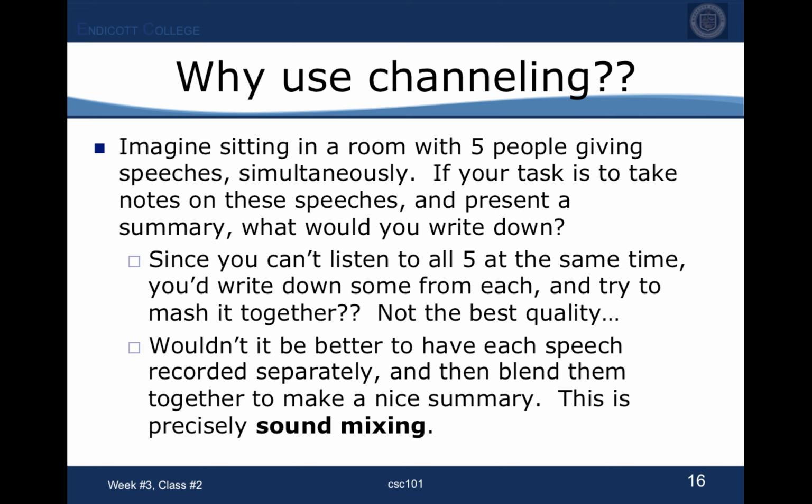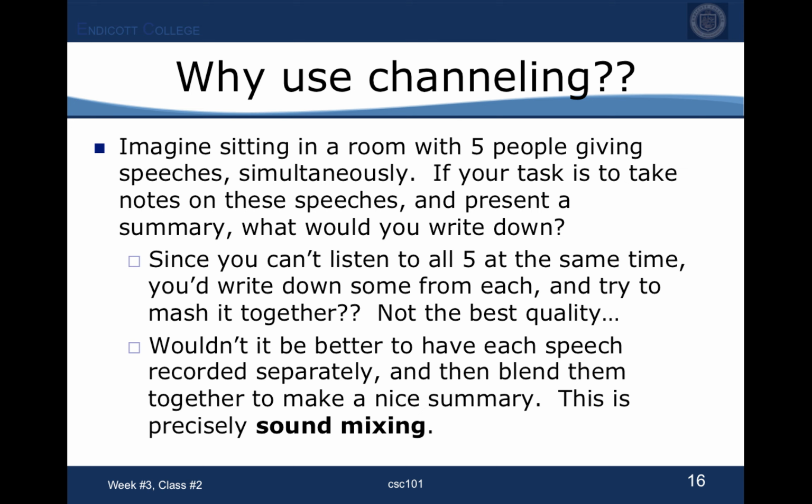You can't really listen to all 5 of them at the same time. You don't have like 5 hands either to be able to be note-taking. Even if we did, I think our brain wouldn't be able to handle trying to separate them. So I don't know. You'd sort of mash it all together. You'd hear a little bit from one person and write that down for a little bit, and then maybe you'd switch over to someone else, I guess. But you for sure wouldn't get, or you'd just get nothing, right? You'd just be too confused to even sort it out.